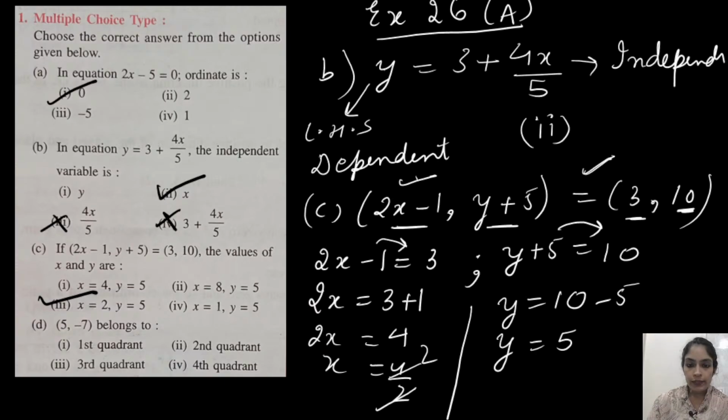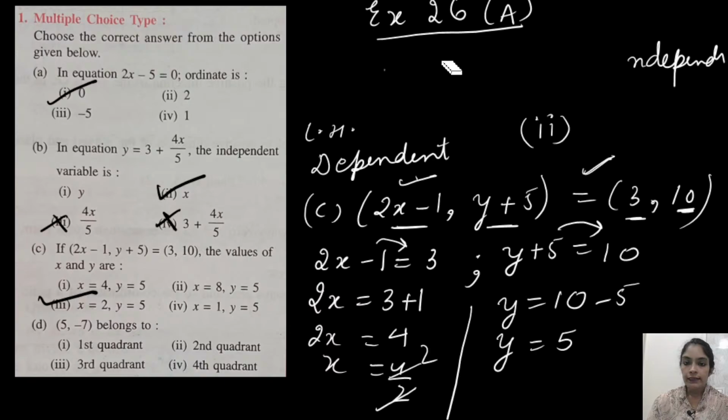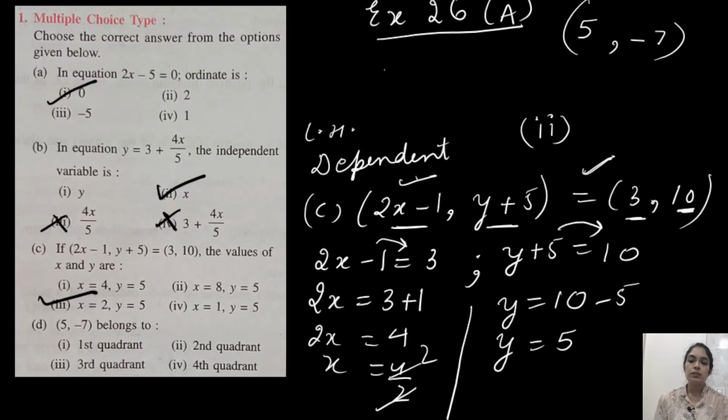Let's do the fourth question without wasting any time. Let's see who will tell me. This is a very simple question. While discussing quadrants, I have discussed this. The point given is 5 comma minus 7. So this coordinate belongs to which quadrant? Here you can see x is positive and y is negative. X positive, y negative.